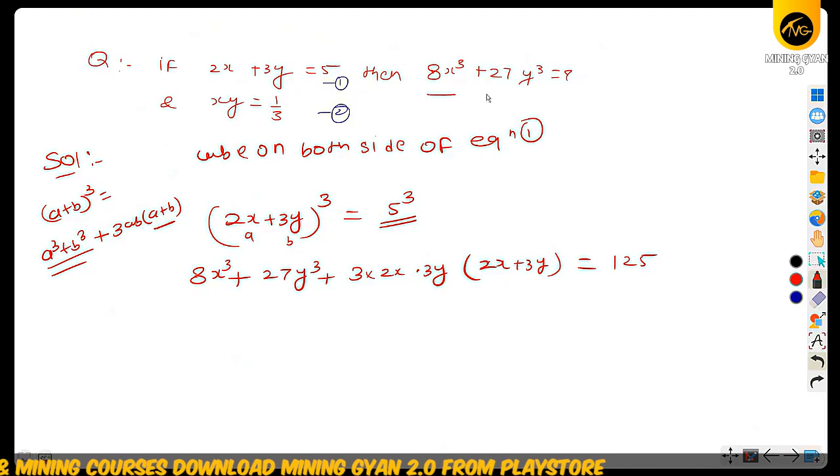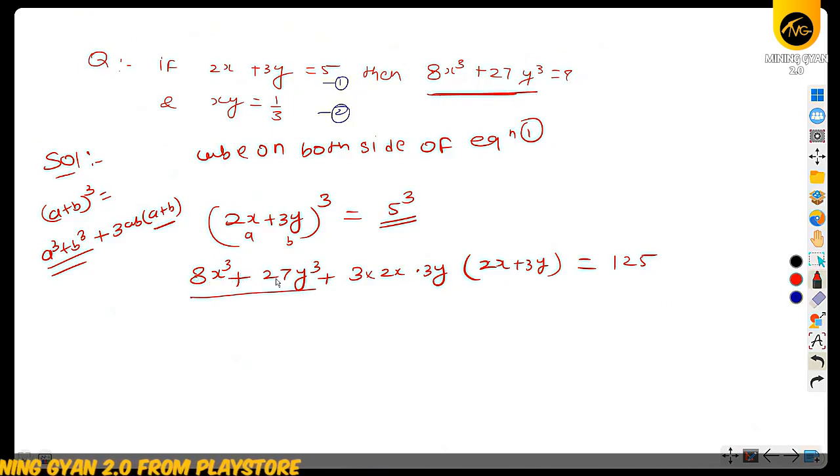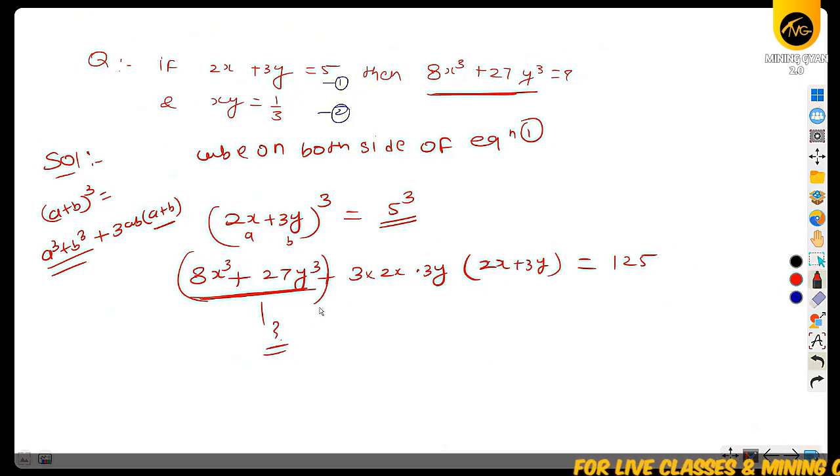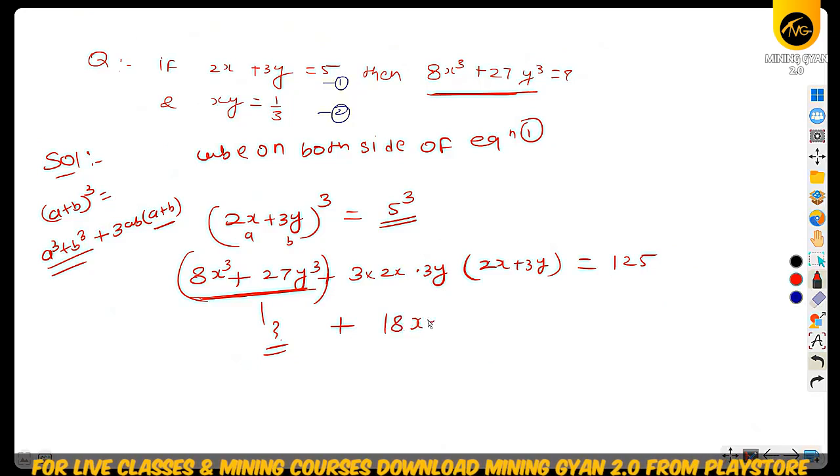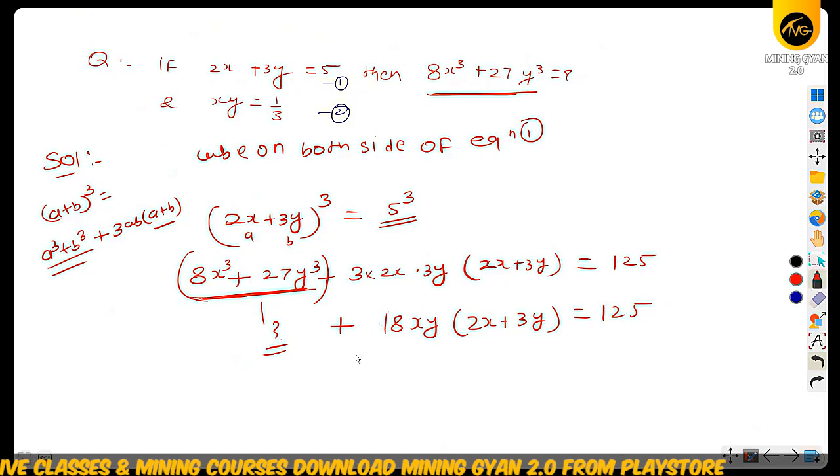So we already have the question portion in this equation, that is 8x cube plus 27y cube. Now plus 3 into 2x into 3y, that means 18xy, and 2x plus 3y is equal to 125. Clear?